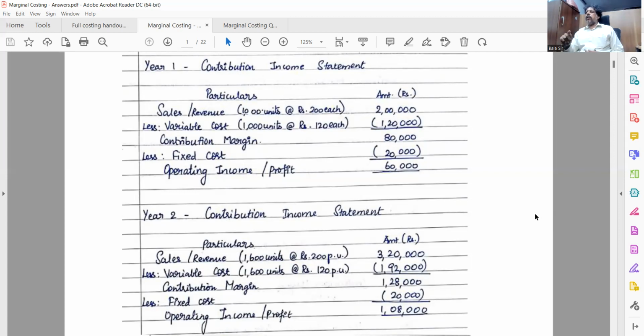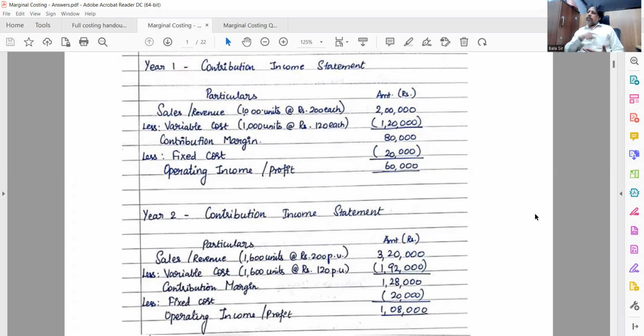Q stands for the quantity produced and sold. We assume that in all these sums there is no opening or closing stock. So 1,000 units are produced and sold at rupees 200 per unit. What is the amount? 2 lakh rupees is your revenue from operations or sales.